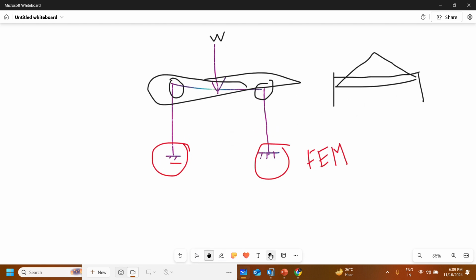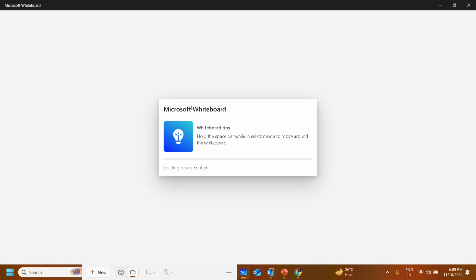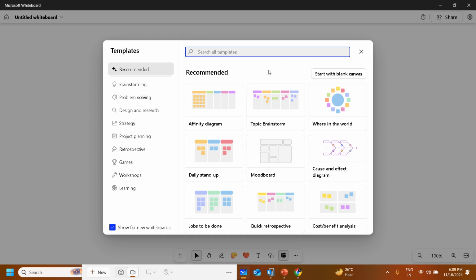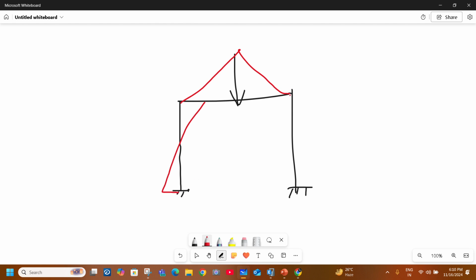So how can we create another one? For this case, this is the structure, the load is applied on it, the bending moment is this, and due to the fixed end moment, this is the bending moment diagram.